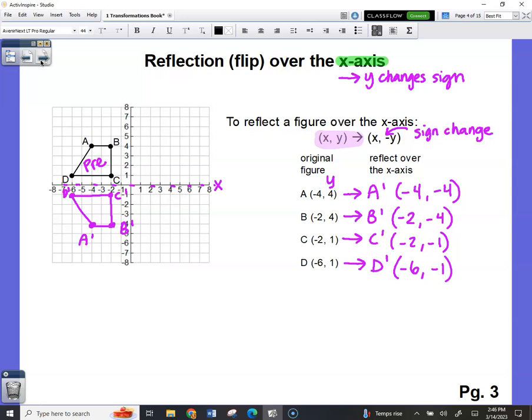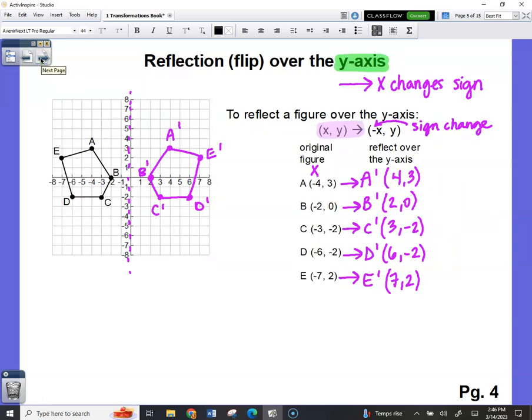You would count. So, like, how far is D from the x-axis? And then you would count past it and plot it. If you're reflecting over the y-axis, then the x-coordinate has a sign change. So you find the y-axis, you take a point, and you just count how far away it is, and then count past it. Right? We already did that.